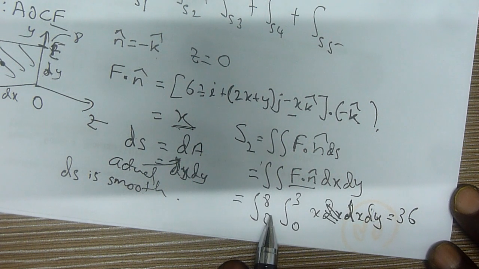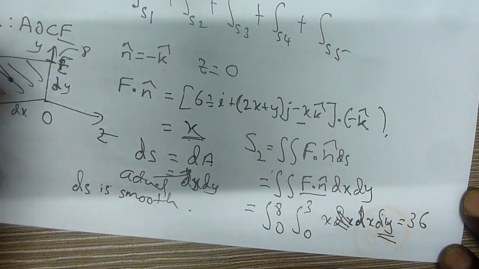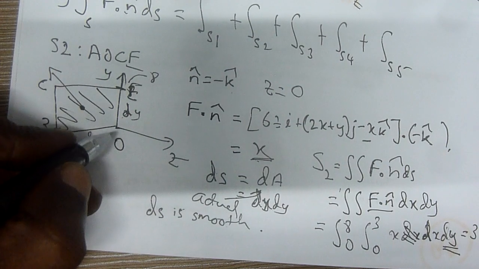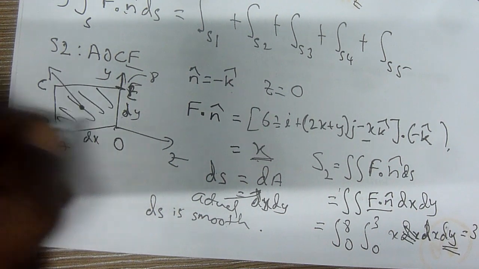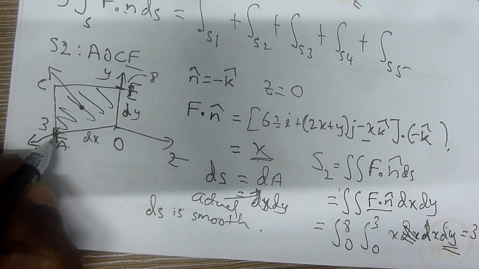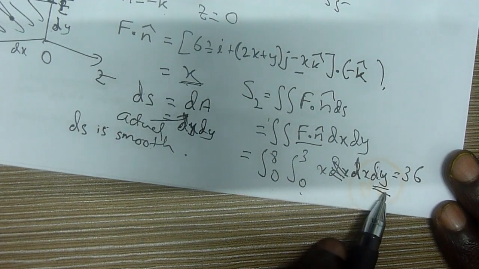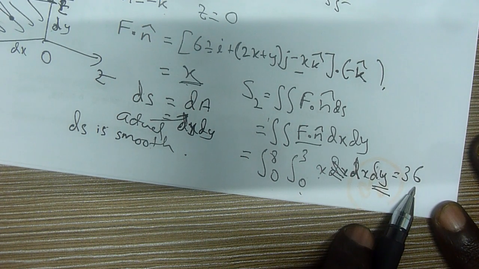How am I getting this 8 and 3? Refer to dy first. dy is 0 to 8. Can you see that here? 0 to 8, and it's a rectangle, and from here to here is 0 to 3. Next thing, 3 to 0, 8 to 0, x dx dy. You solve this, you get 36.